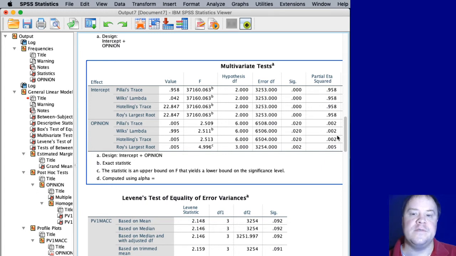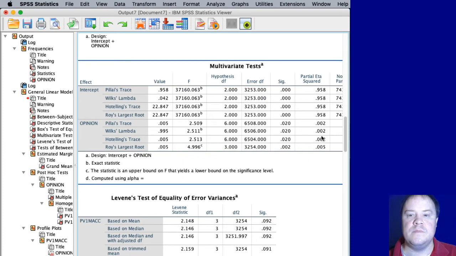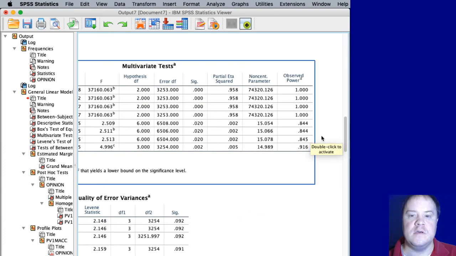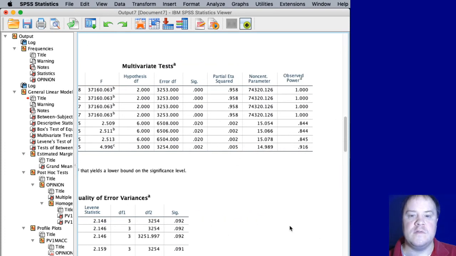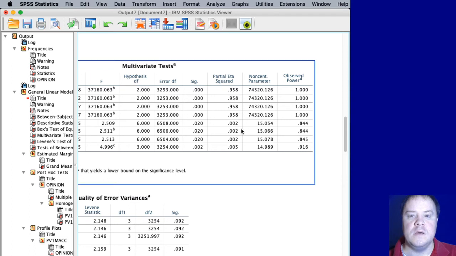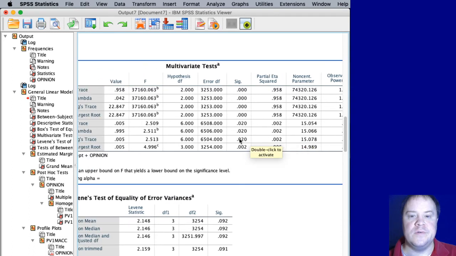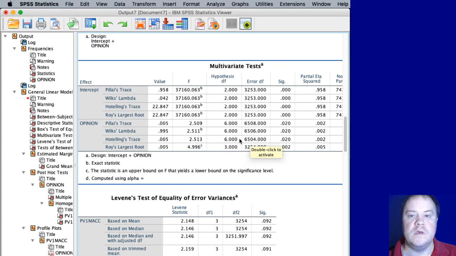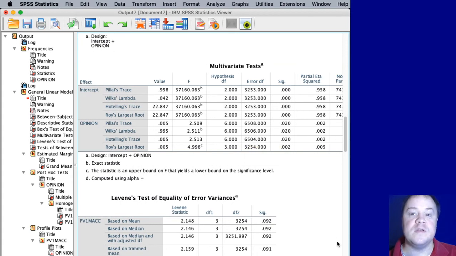Partial eta squared is very small, as we saw in the last part 1 video too, 0.002. So about 0.2% of the variability in these two subtests can be explained by the frequency with which students could express opinions.